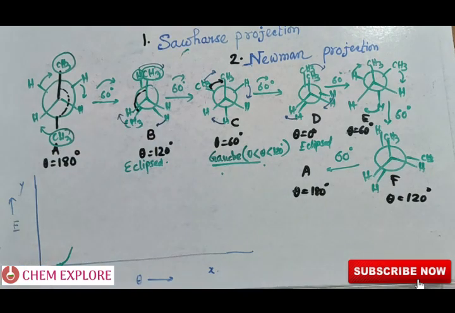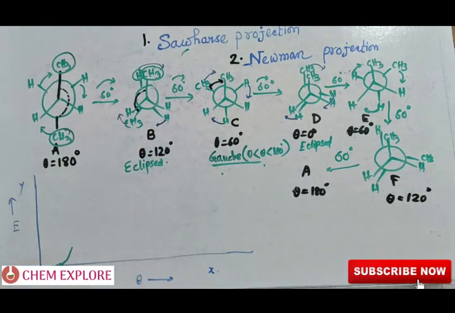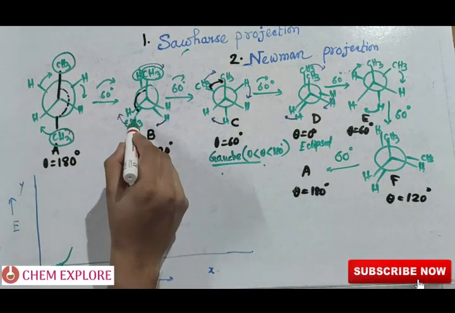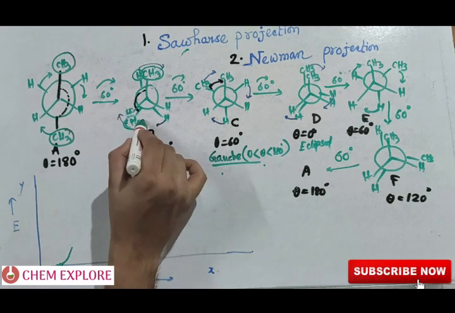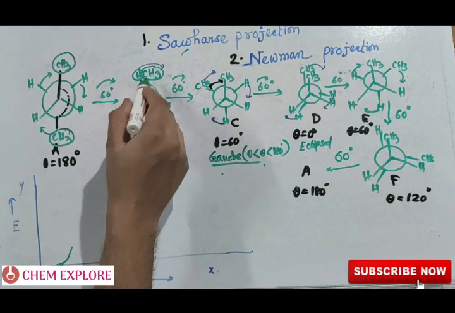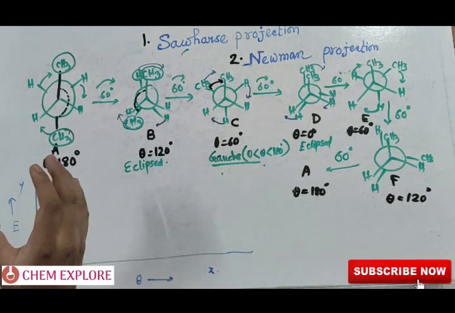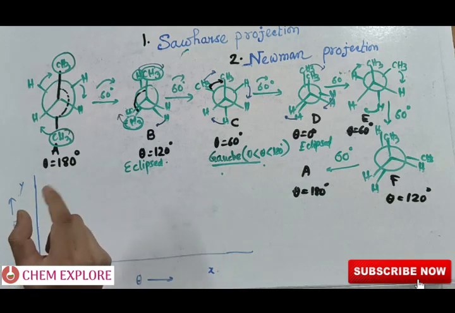Now if you go to the B conformation, you have an interaction between this hydrogen and methyl, as well as hydrogen and methyl. So there is a repulsion between the electron pair in the methyl CH bond and the adjacent bond electrons.